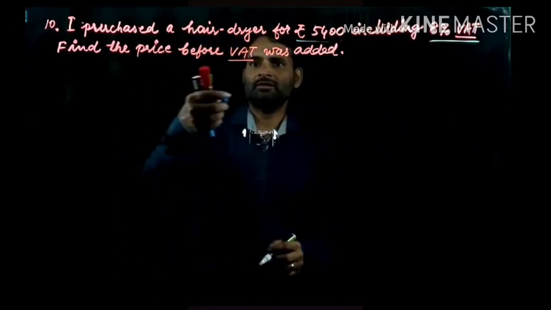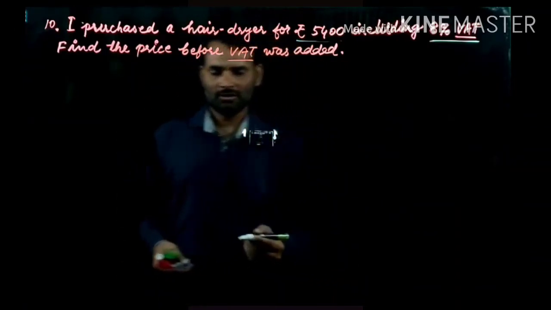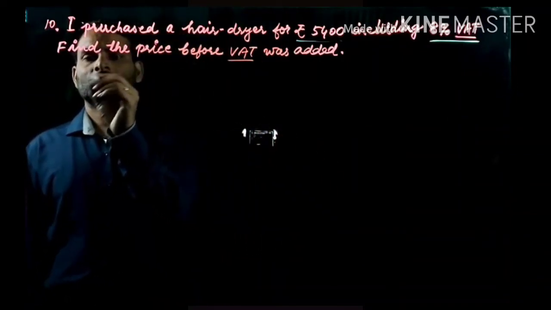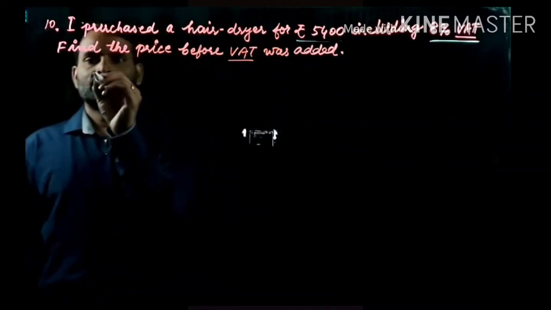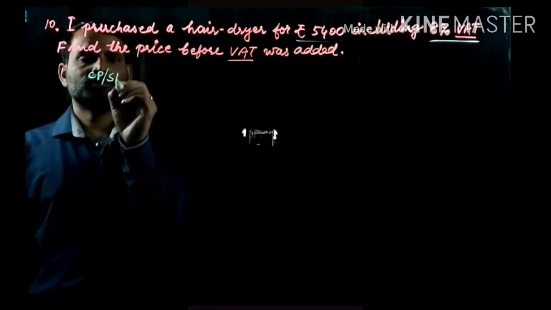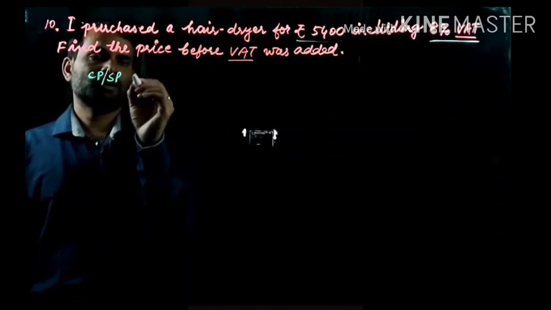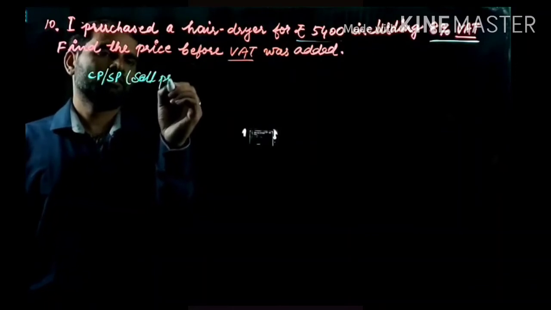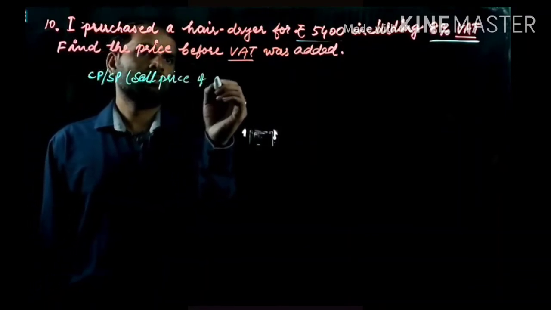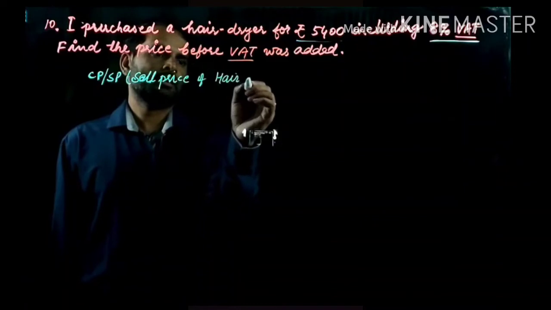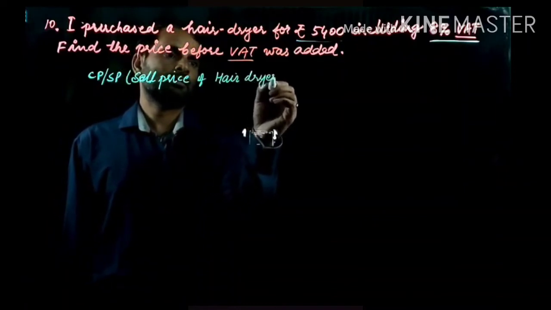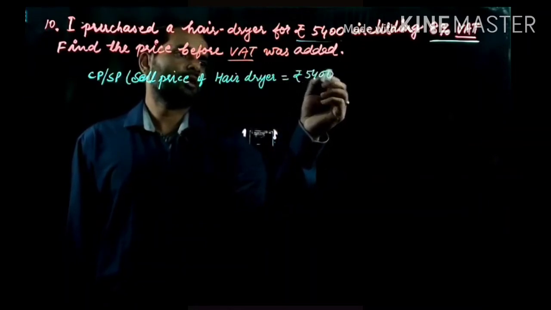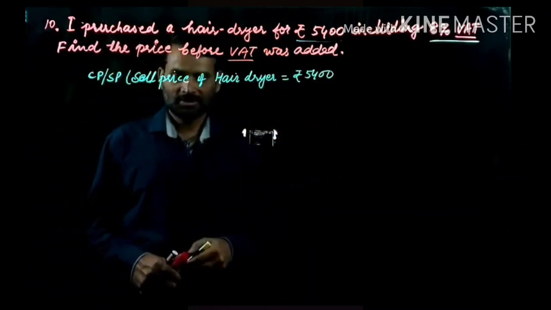Find the price before the VAT was added. So let CP and SP; the sale price of the hair dryer is rupees 5400.